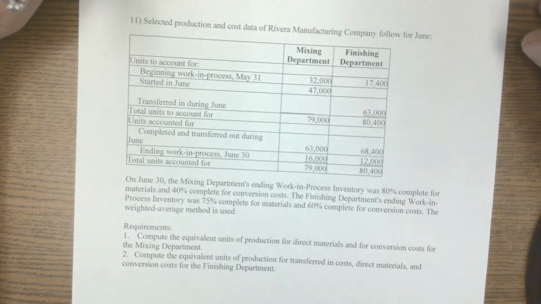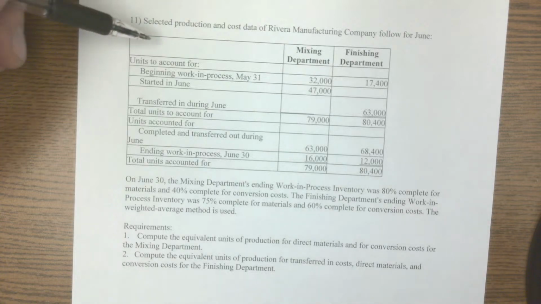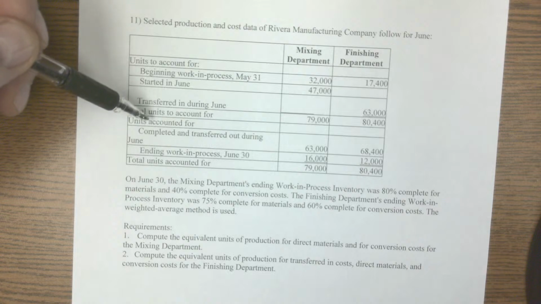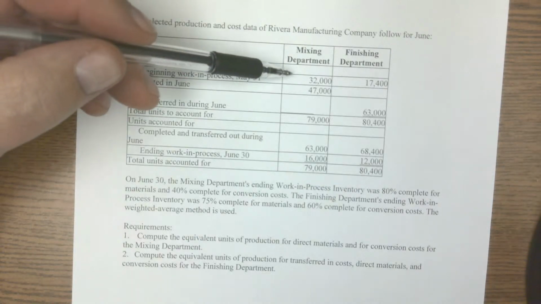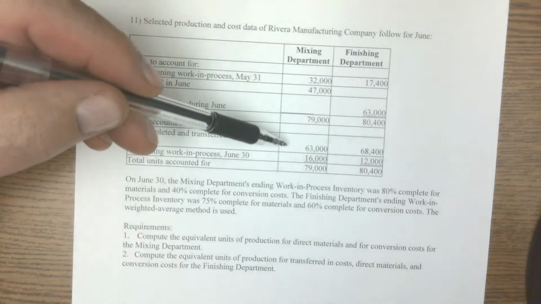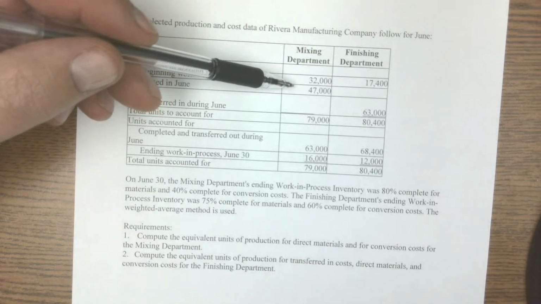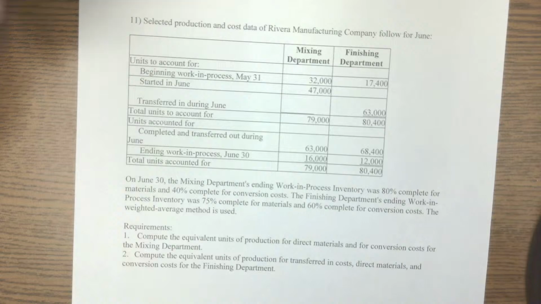All right, so my number 11 here. The selected production and cost data for Riviera Manufacturing Company follows for June. And we see here the units to account for. This is already given to us. We've got 32,000 beginning work in process, 47,000 started in June, 79,000 units to account for.